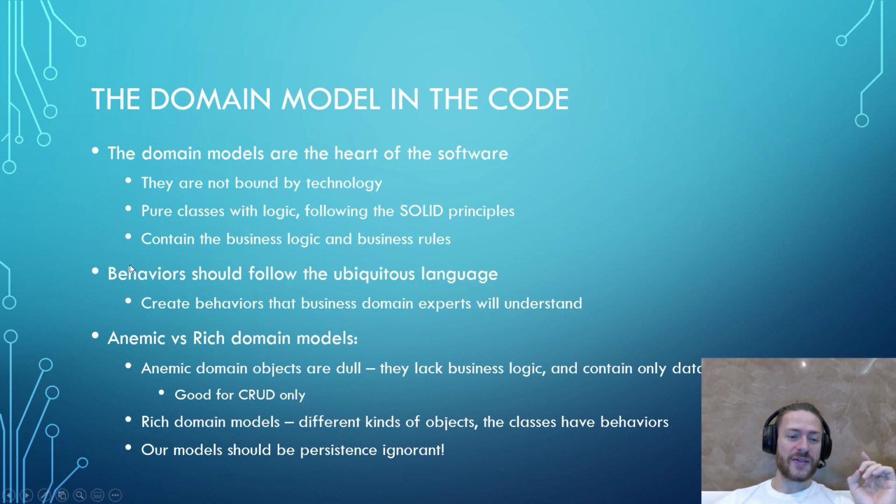All the behaviors should follow the ubiquitous language. All the behaviors, and what's that language all about? Well, it's a language which the domain experts will understand. This is why I told you earlier that the domain-driven design follows the domain expert's language.